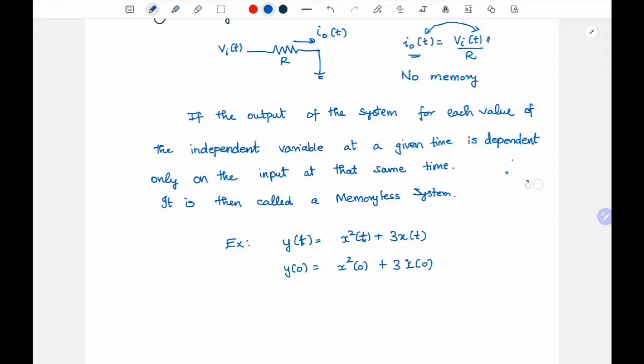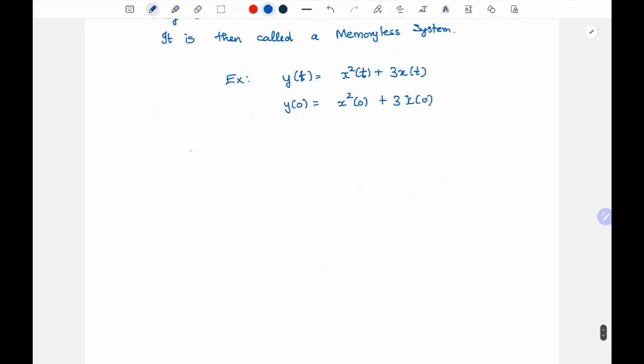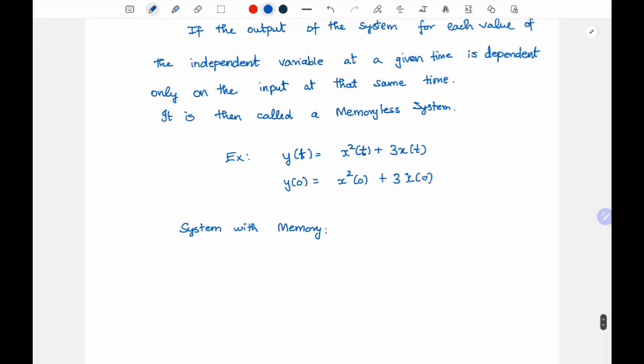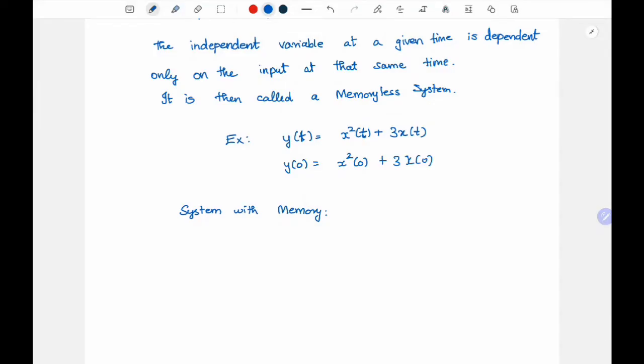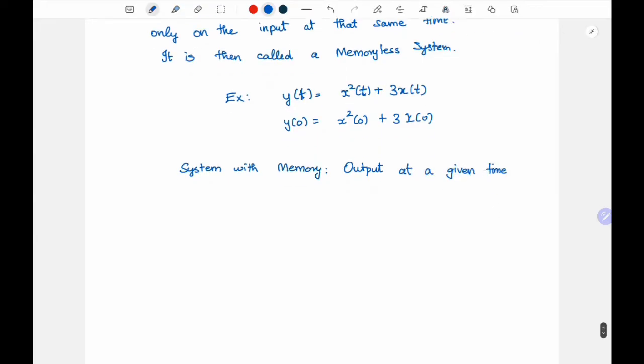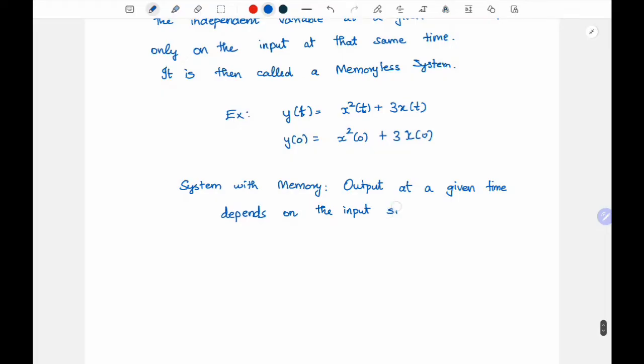So on the other hand, what do we have? We have a system with memory. Same definition, but it can depend on the input at different times, right? So the output at a given time is not necessarily only dependent on the input signal at that time, but also at other times.